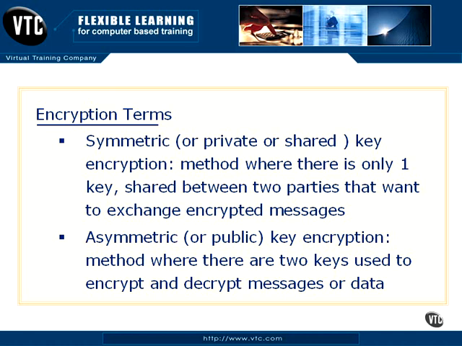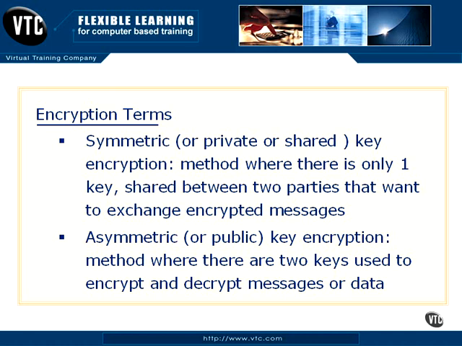Now, not necessarily the opposite, but the other kind of encryption that we'll talk about is asymmetric, called public key encryption. Let's go back to the scenario. I want to send you an encrypted message. I can encrypt with a key, and in order for you to decrypt it, you use the other key.